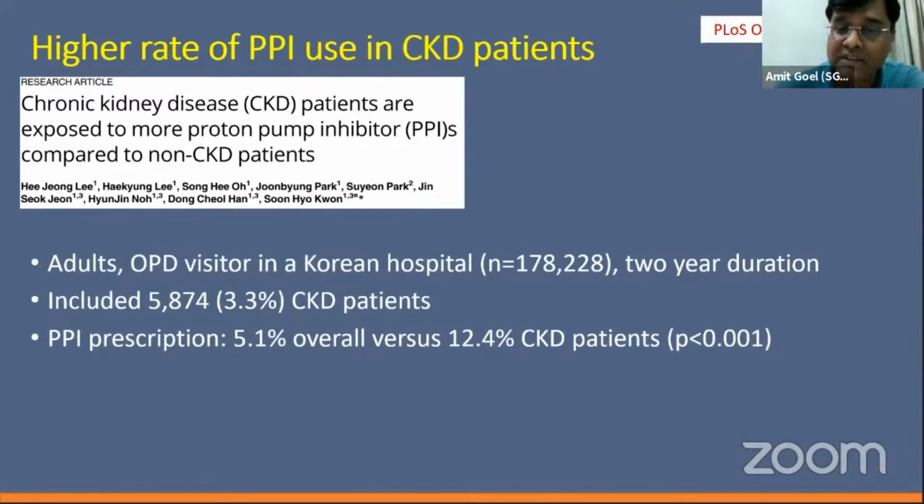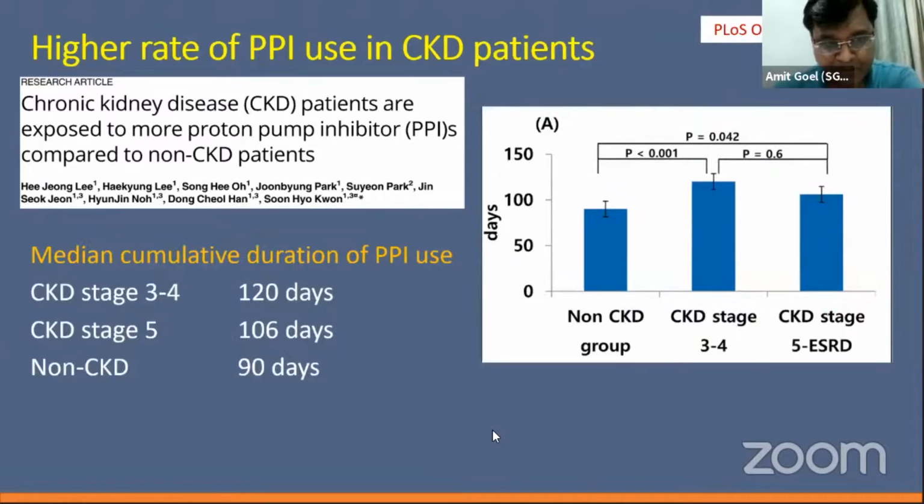Out of the total population, 5,874, that means 3.3%, were CKD patients. And PPI prescription was given to 12.4% of the CKD patients as compared to 5.1% of overall patients, which gives a message that CKD patients are more likely to be prescribed a PPI as compared to non-CKD patients.